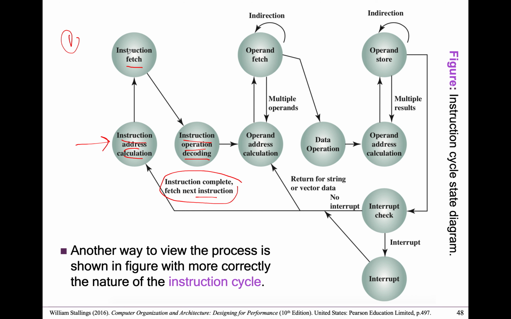First thing you need to do is the fetch, and then the instruction operation decoding. After you finish decoding, maybe you're going to have another stage, but maybe you don't.